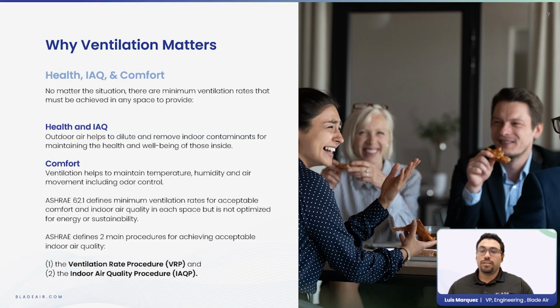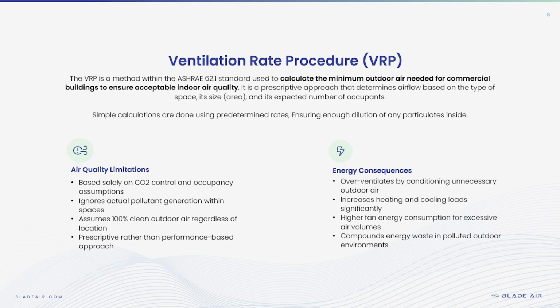Today we're going to examine how each method handles the approach of cleaning air, and why most HVAC designers generally look at the ventilation rate procedure without considering the IAQP method much, if at all. Let's start with the ventilation rate procedure.